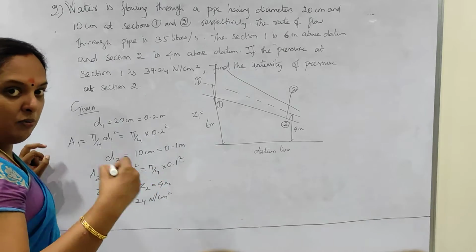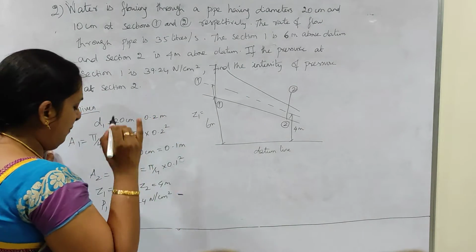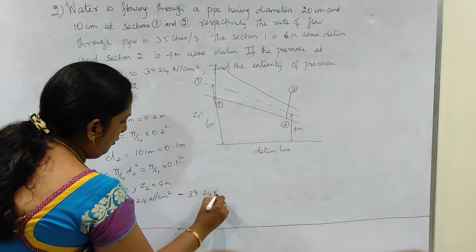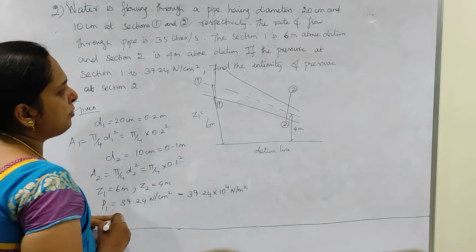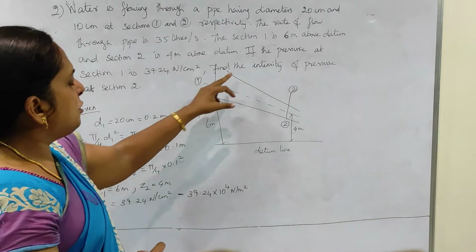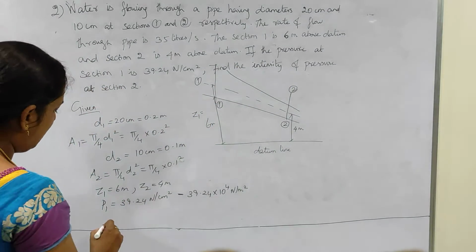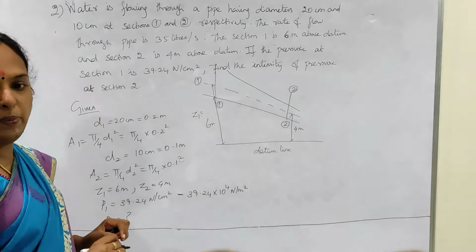Just now we have seen how to convert to Newton per meter square, because everything has to be in Newton and meters. So it is 39.24 into 10 to the power of 4 Newton per meter square. So that conversion is also over. What is actually asked is to find the intensity of pressure at section 2, that is your P2. That is what is asked in your problem.